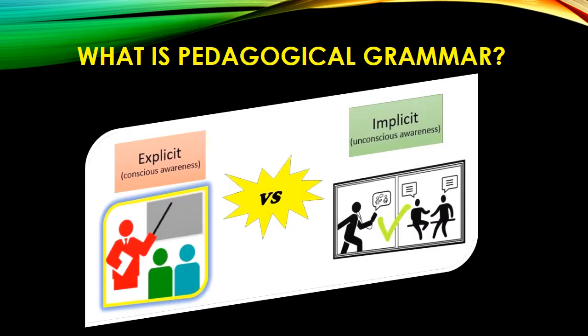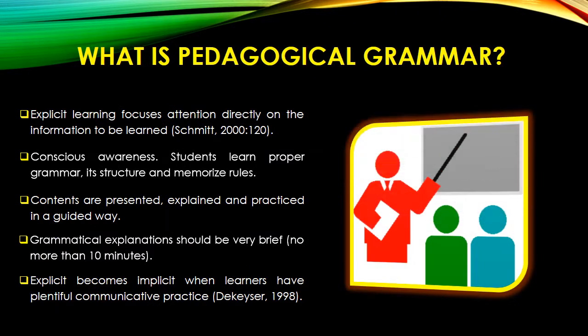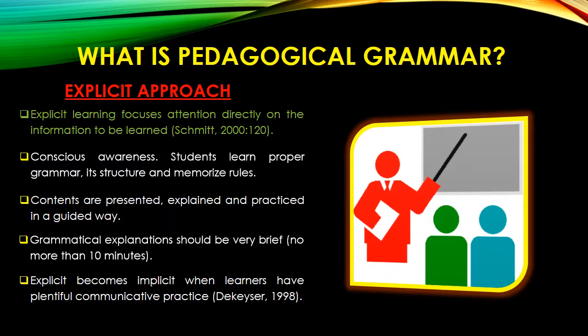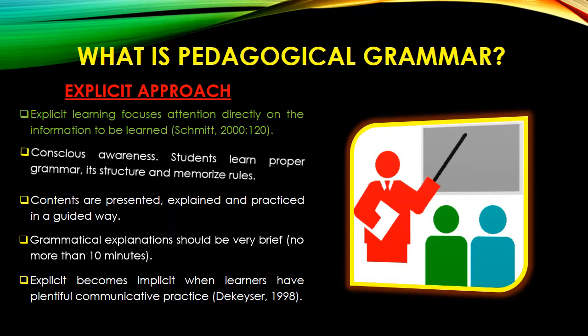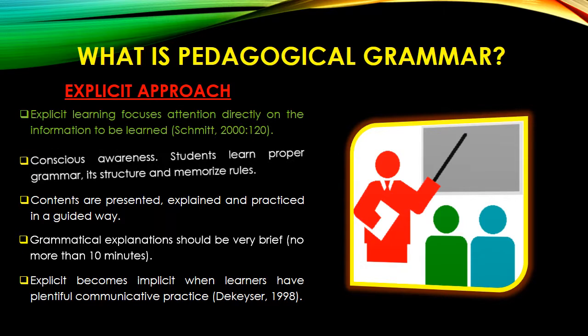Now, let's see the differences between explicit versus implicit approaches. The main features of the explicit approach are: first, according to Schmidt, explicit learning focuses its attention directly on the information to be learned. Second, we have the conscious awareness.